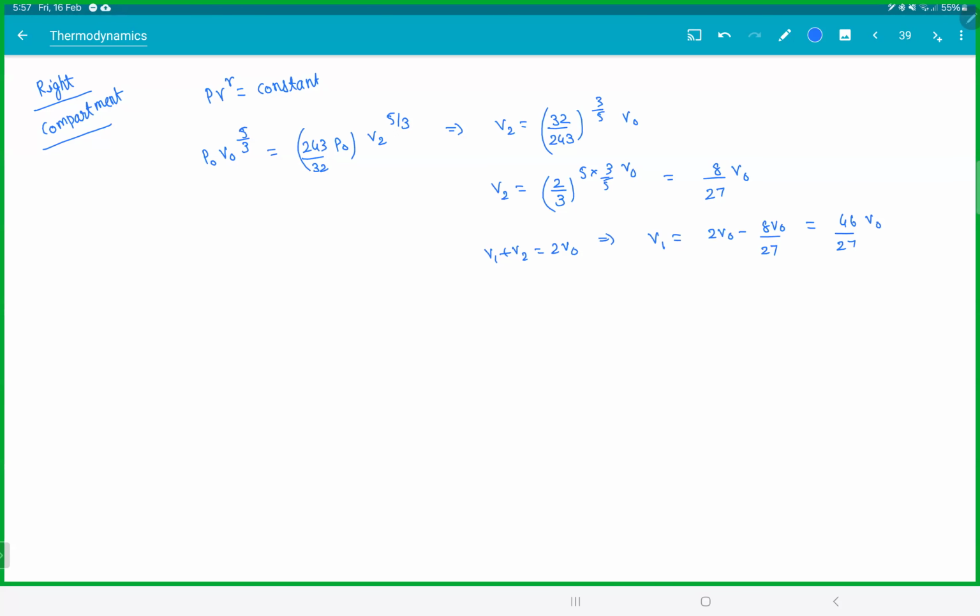Now go to the left compartment. We don't know what process this is, so we are going to use PV by T is constant. Basically, we are equating the number of moles.